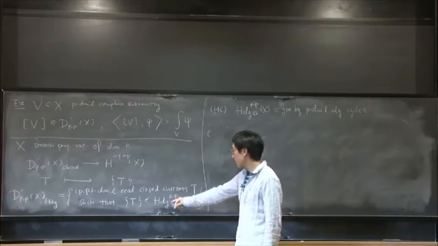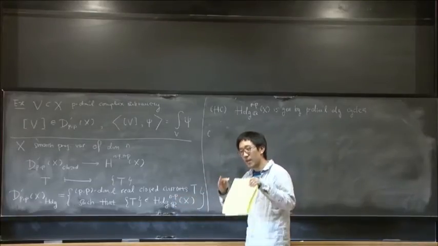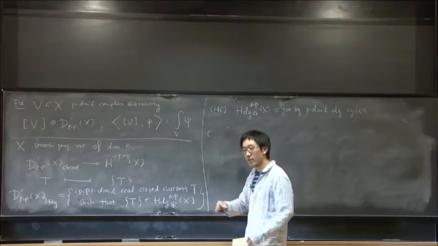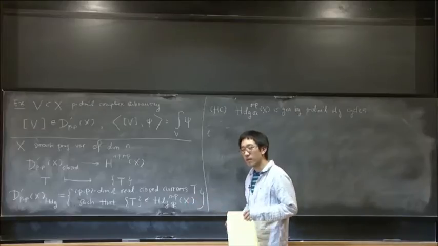This intersection of H^{n-p,n-p} with the cohomology, you take the intersection and look at the real vector space generated by those.